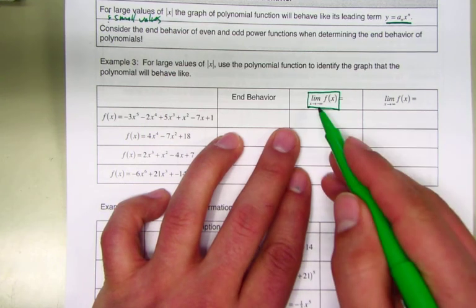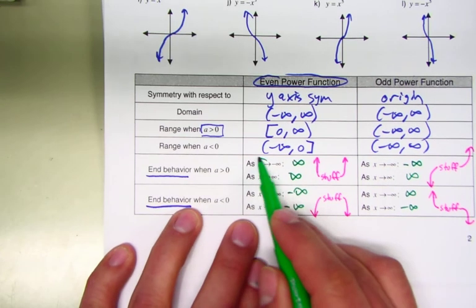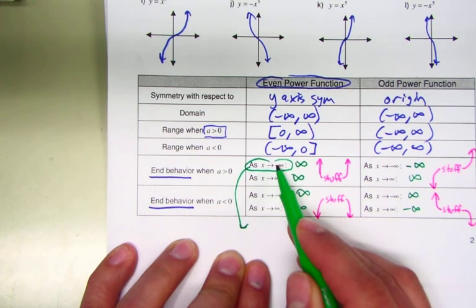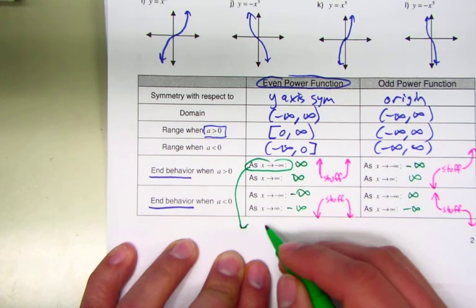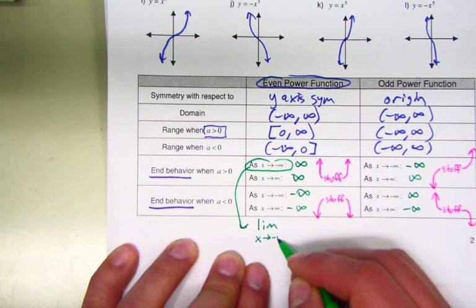And all this is saying is exactly this. Where I asked you what's going on as x approaches negative infinity, that'd be the same thing as saying the limit as x approaches negative infinity.